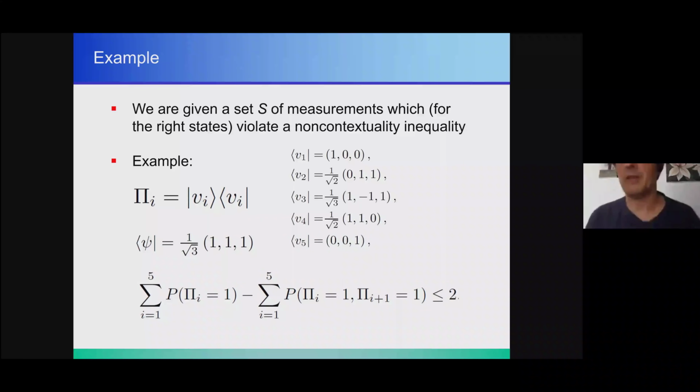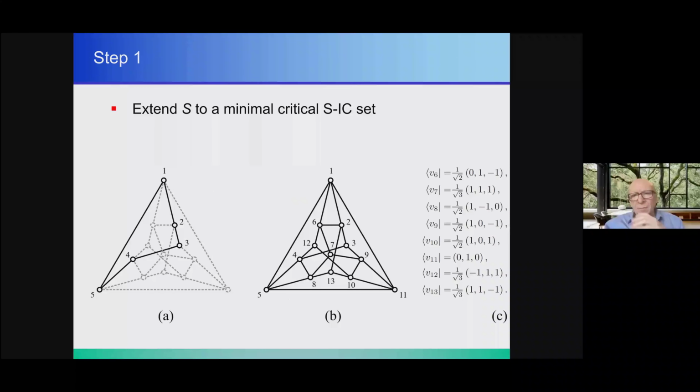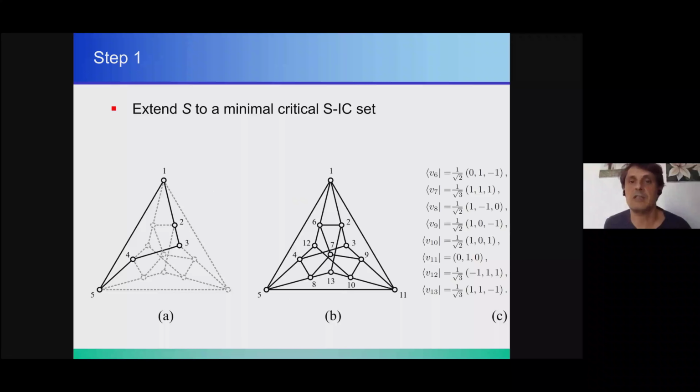So how does the method transform this form of contextuality into a bipartite Bell inequality? First of all, it finds the minimal critical KS set that contains the given projectors. In this particular case, we can prove that this one is the minimal critical KS set that contains the 5 original ones. That's typically the hardest part.